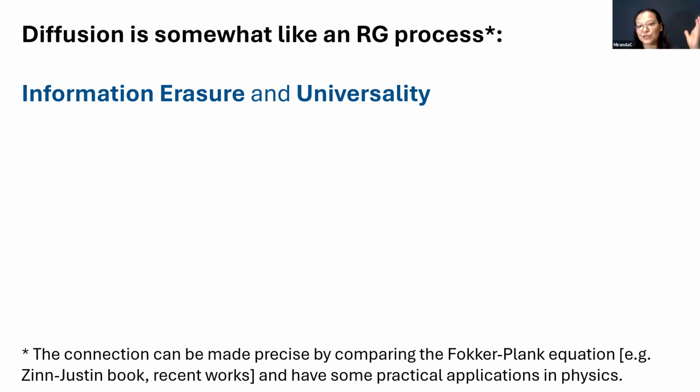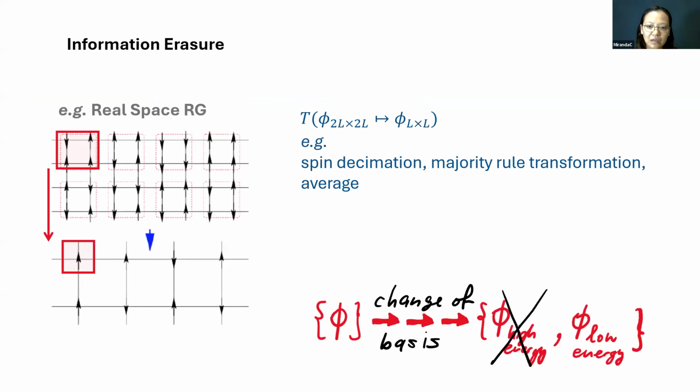So spiritually, or heuristically, what's similar about the two kinds of process, the diffusion process and the RG process, is that first of all, there is a certain process of information erasure happening, and second, there is universality. So let's explain that a little bit. Information erasure is quite clear and manifest when we look at RG, for instance, on the lattice, real space RG.